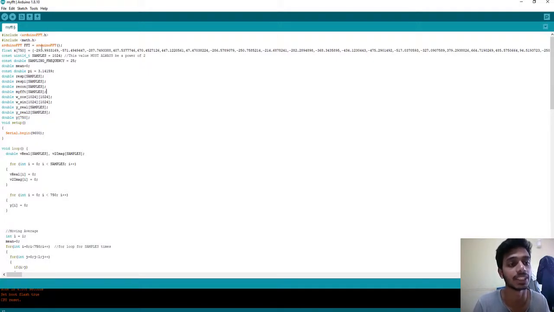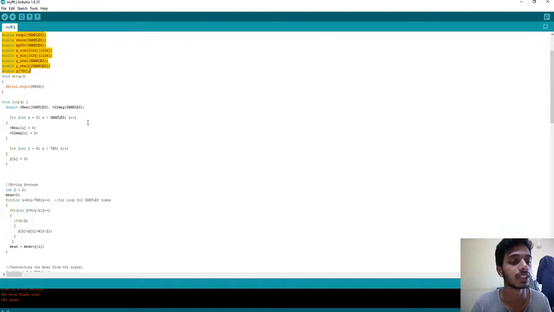I have 750 samples, but in order to compute FFT, we need a radix 2 length, something in the form of 2 to the power n. The 2 to the power n closest to 750 is 1024. So our samples are 1024. Sampling frequency is 25 Hertz, and we have the signal for 30 seconds. So these are the various variables required.